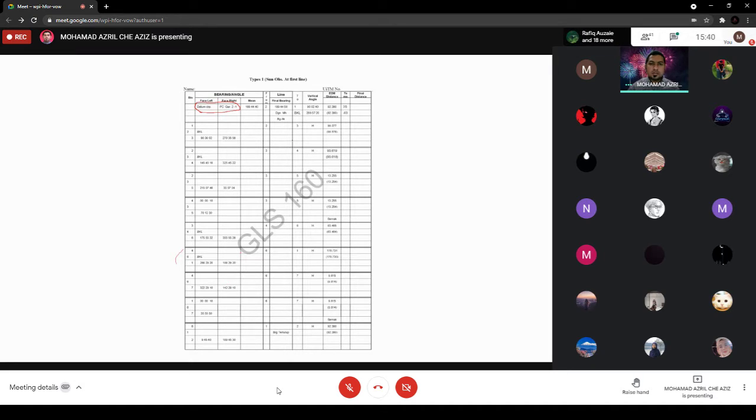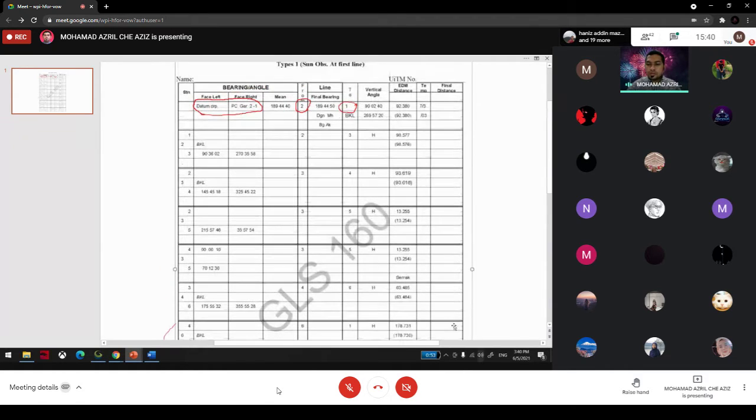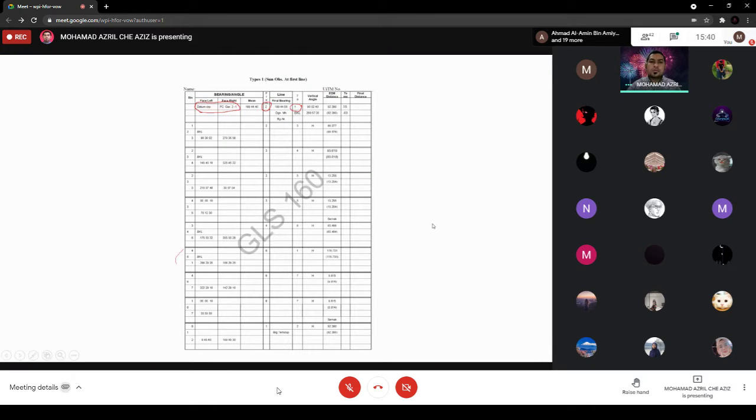Next, you write down the from station number and the to station number. Below this, you write the description of the point.